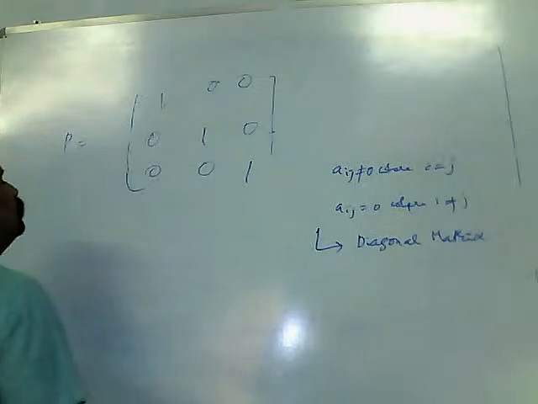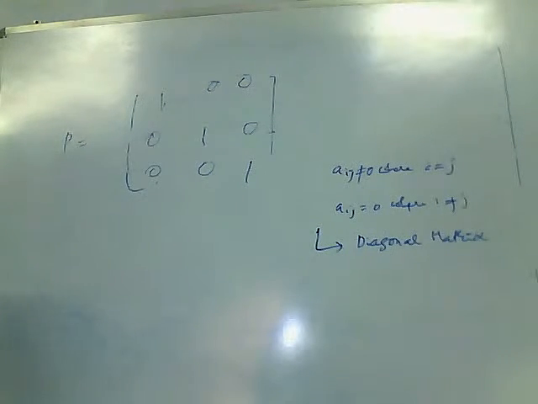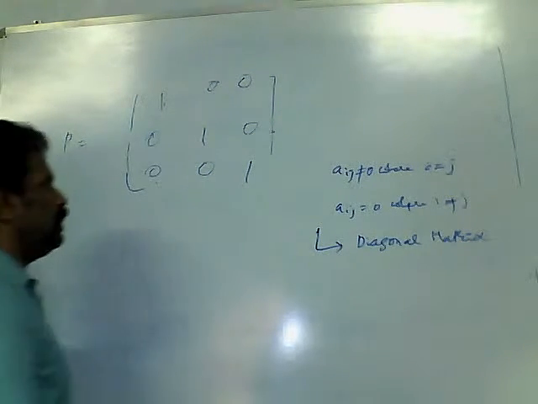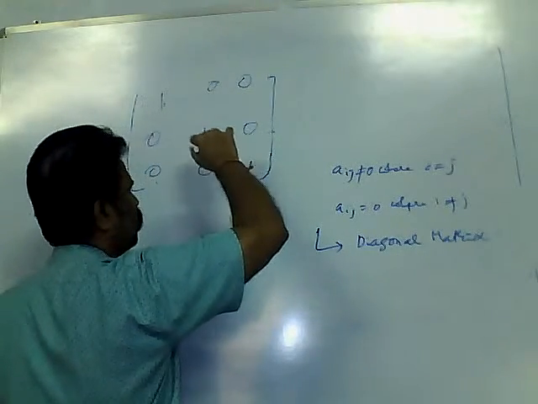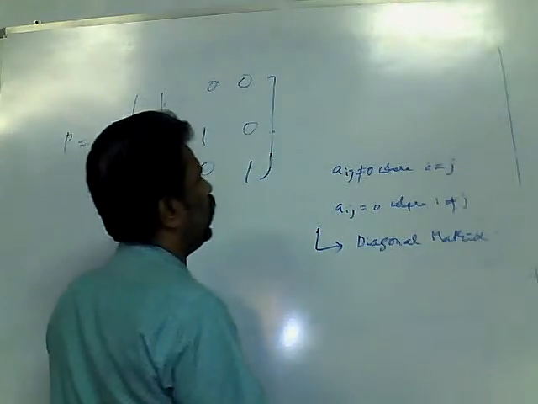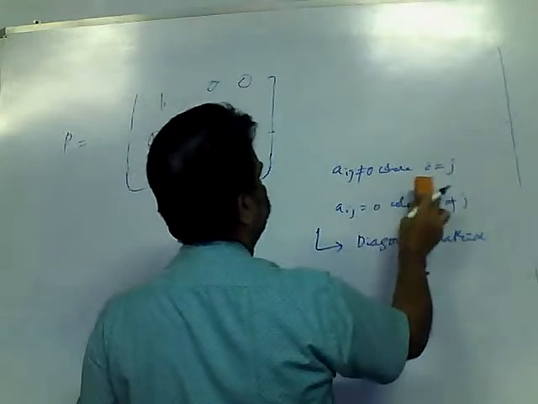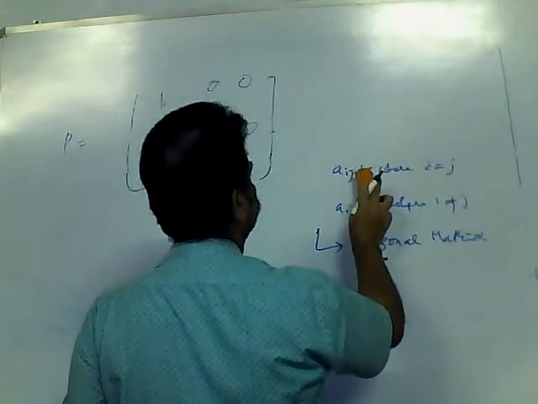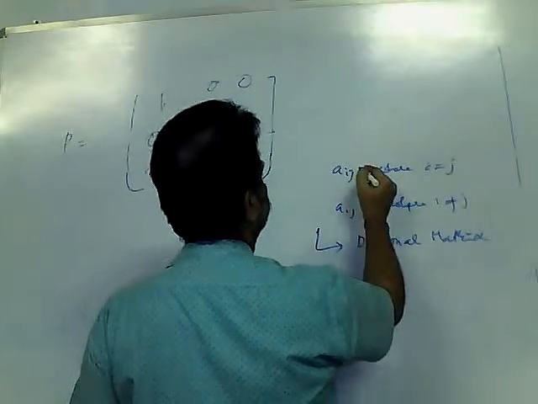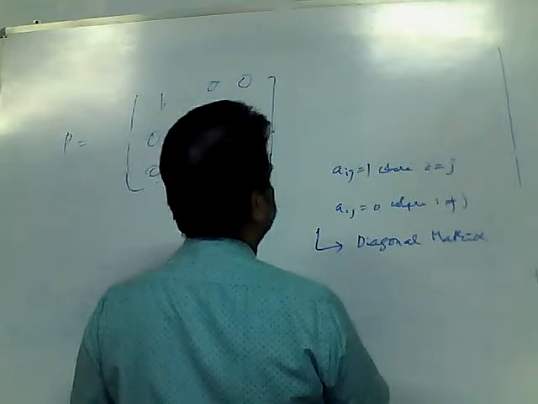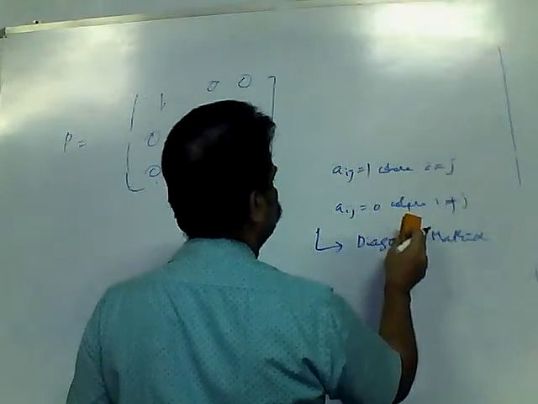The principal diagonal elements are always completely equal to 1. So the principal diagonal contains only the element 1 in each case. So Aij is equal to 1 where i is equal to j, and Aij is equal to 0 where i is not equal to j.